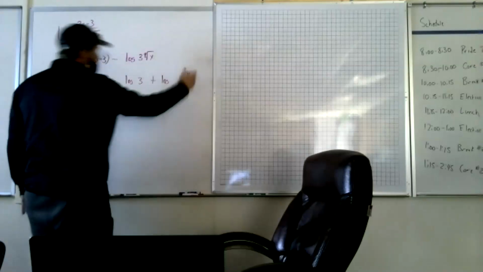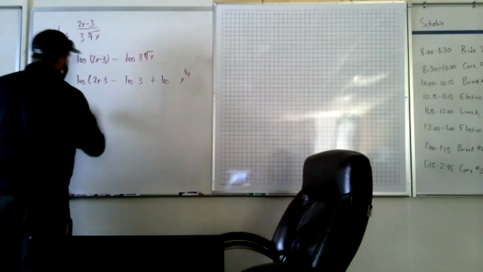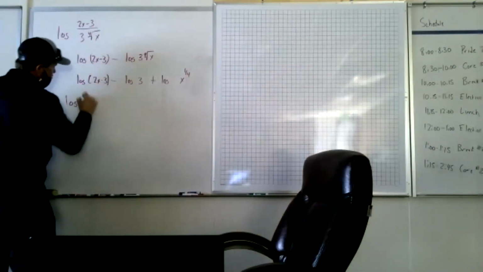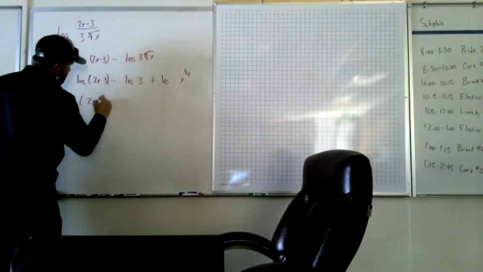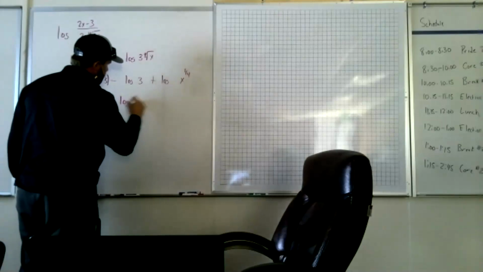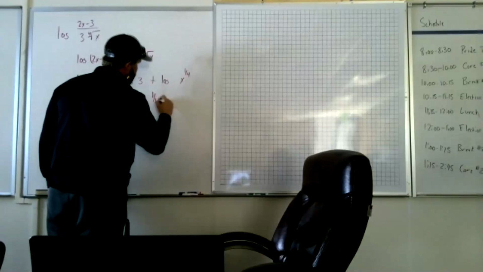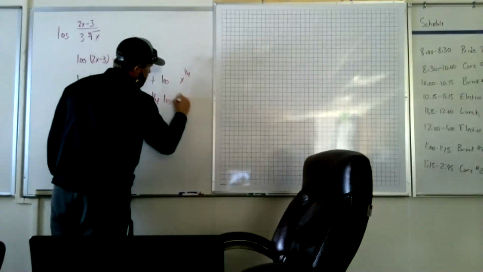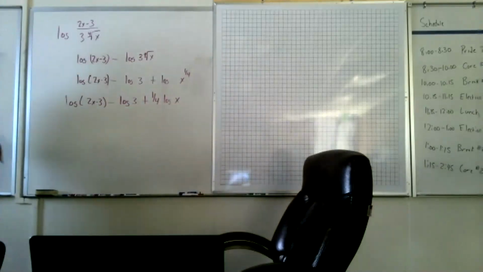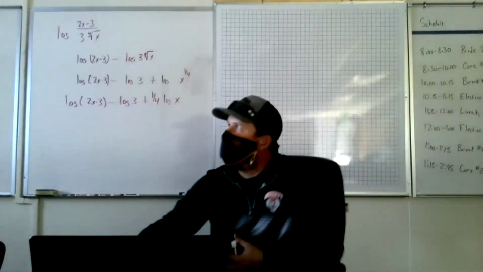So now the last part would be to use the power property and bring this exponent out front, which leaves me my final answer of log of 2x minus 3 as a quantity minus the log of 3 plus 1/4 the log of x. Bang. Done and done.